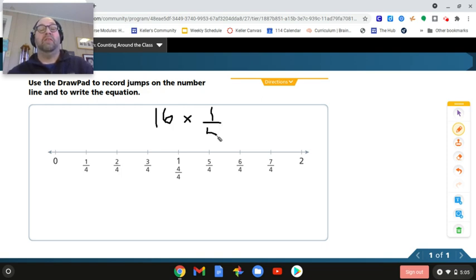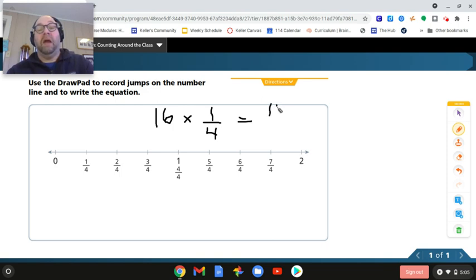So eventually, let's think about this. I could go through 1/4, 2/4, 3/4, 4/4, 5/4, 6/4, 7/4, 8/4, 9/4, 10/4. So now I have 10/4, 11, 12, 13, 14, 15, 16. So if I had 16, I'm going to skip count, and that's going to be 16/4.